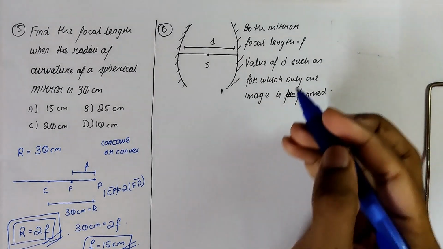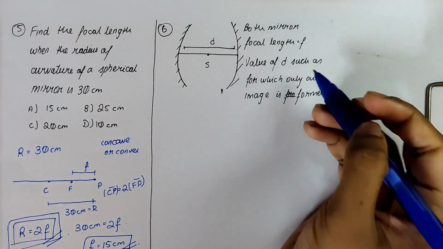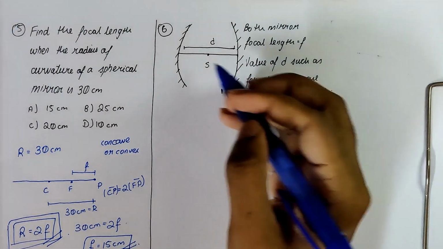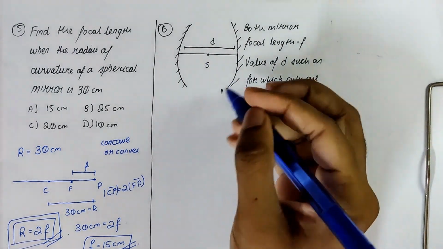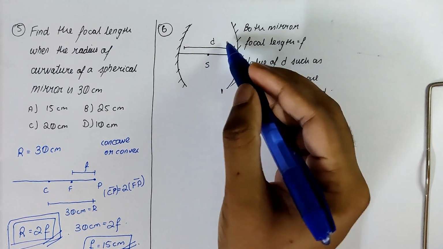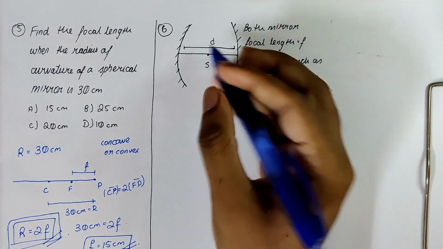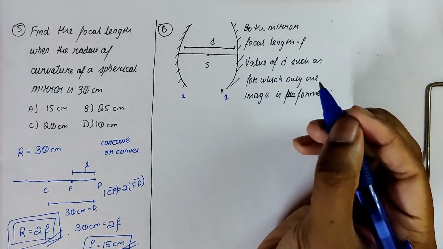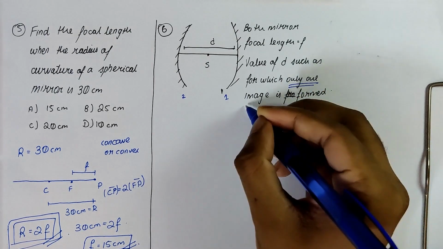Both mirrors have focal length equal to F. What is the value of D in such a manner that the images formed by both the mirrors will be one? Well, we know the image formed by this mirror will give an image 1 and this image will give an image number 2, but they have said that only one image is formed.